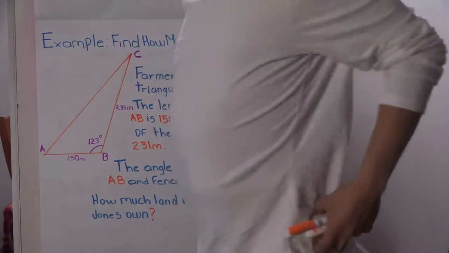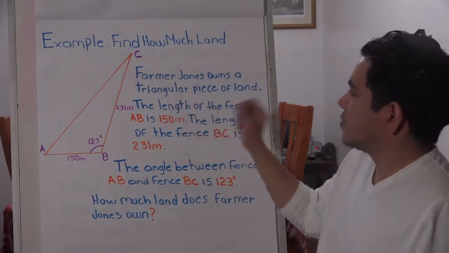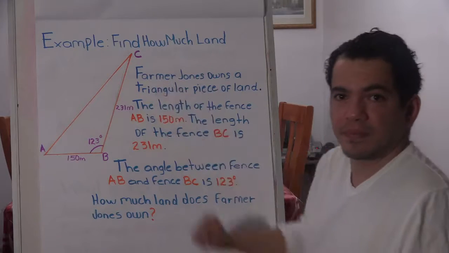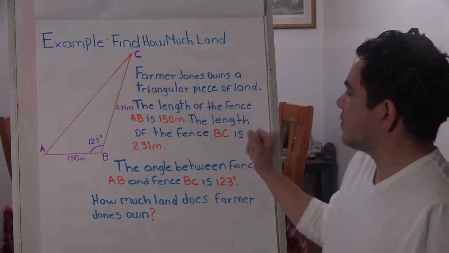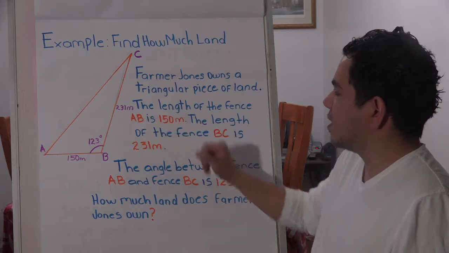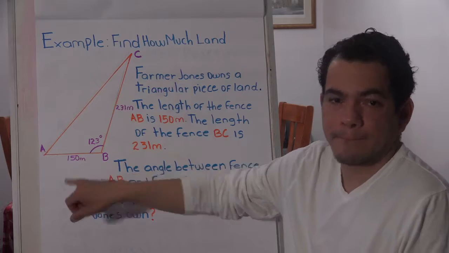Okay, here it says how much land. Farmer Jones owns a triangular piece of land right here. The length of the fence AB is 150 meters. That's this right here.